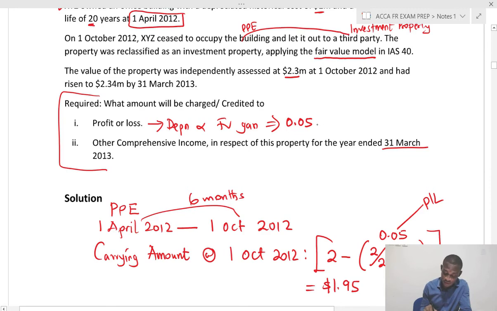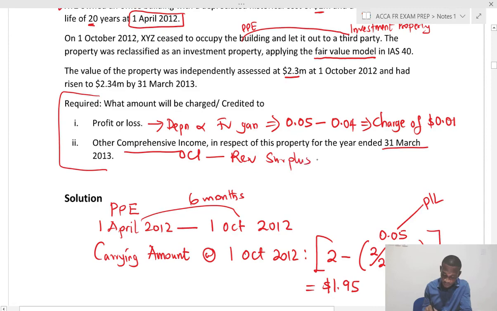So the fair value gain of 0.04, when you net it out, means that we have a net charge of 0.01, and in OCI we have the revaluation surplus, and that revaluation surplus is 0.35 as we have calculated.